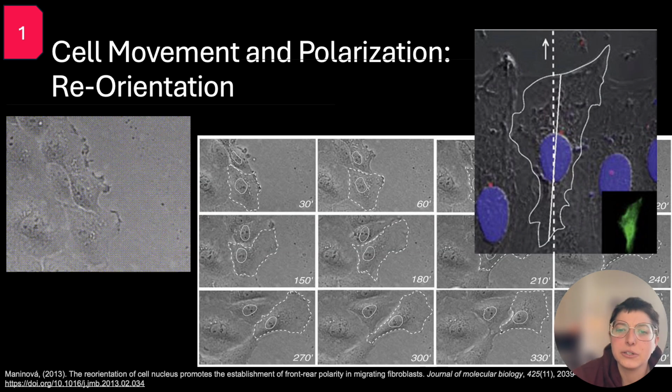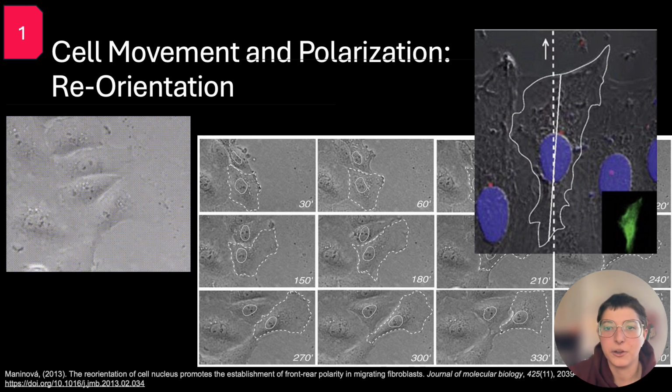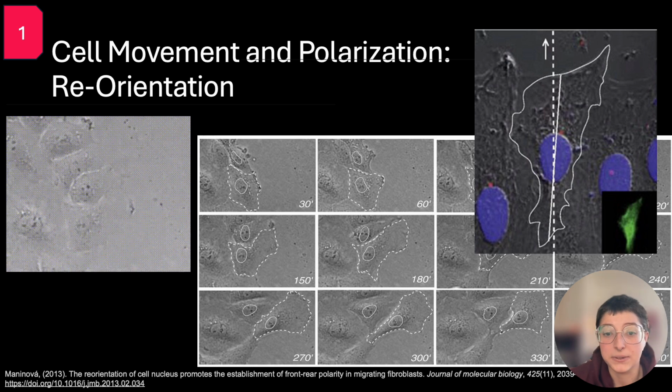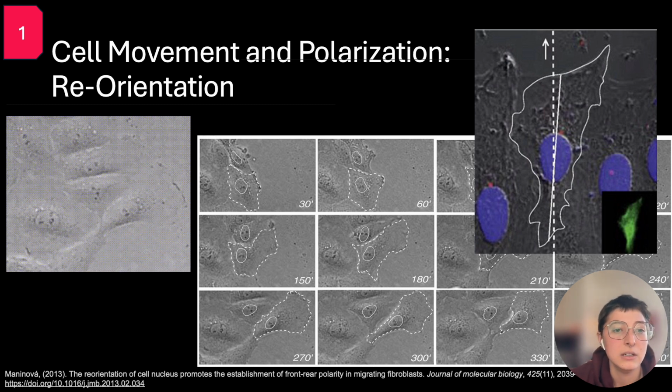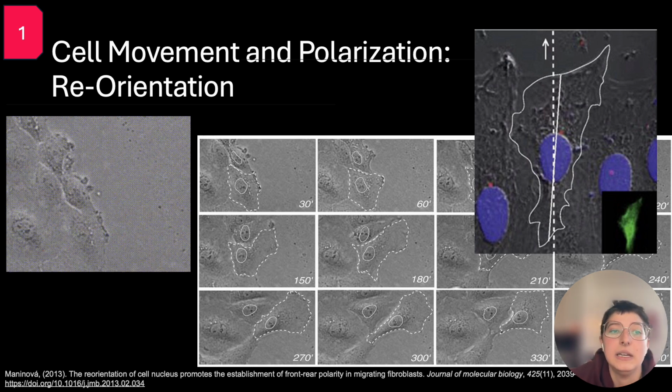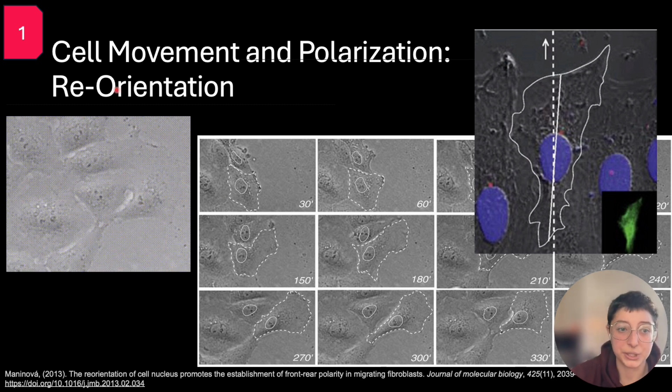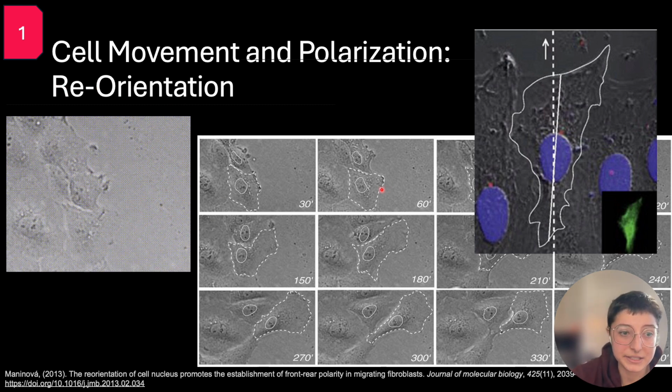Also, just to know more about cells is cool, so that's another reason you should care. Okay, so in cell movement and polarization, we have this reorientation of the nucleus.